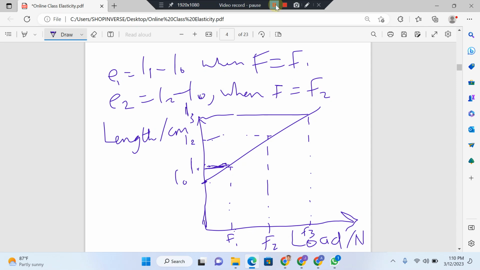So a graph of the actual length against the load would be a straight line graph with an intercept on the vertical axis. The intercept means where the line hits this vertical axis. That's what I mean by intercept on the vertical axis.